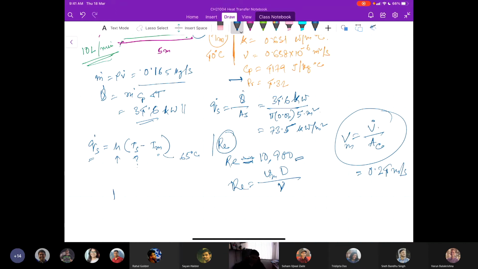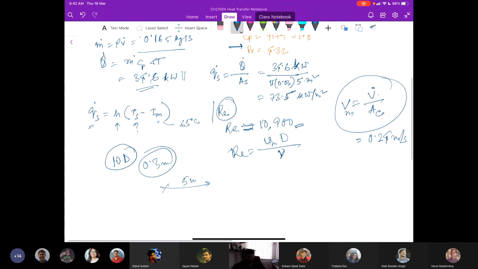Because the entry length is in the order of 10d for turbulent flow, which is around 0.3 meter. Now here the pipe length is itself given as 5 meters, which is a negligible portion compared to the whole length.